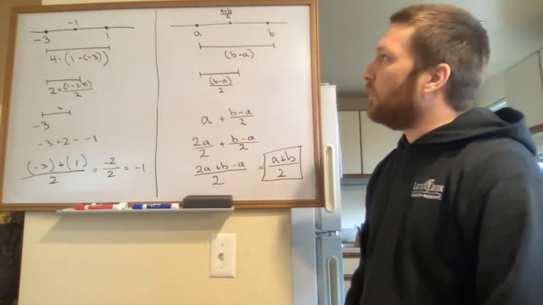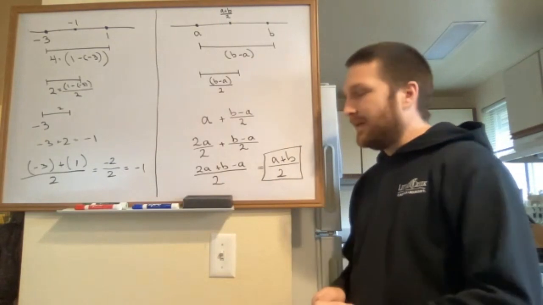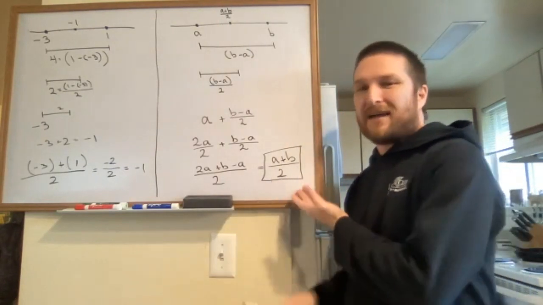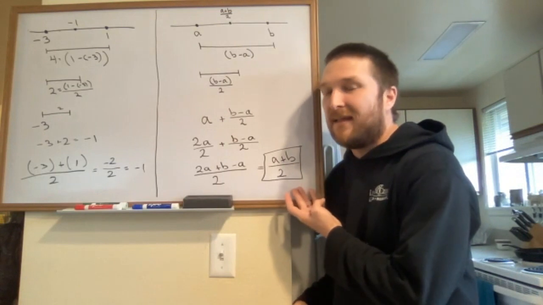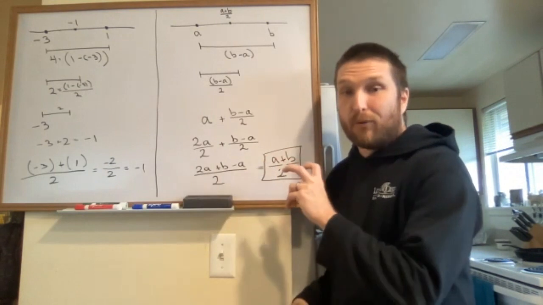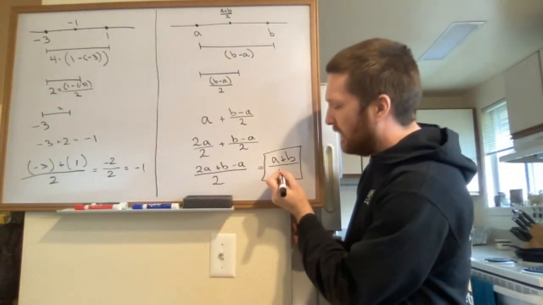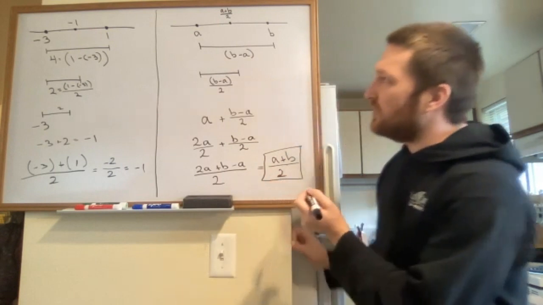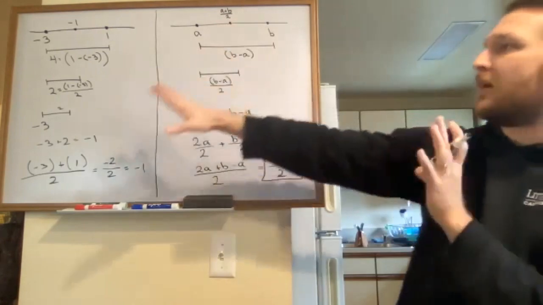And what I really want to drive home here is that you're not going to use this, by the way, this is not part of your homework or anything like that. It's that if you were to look up the midpoint formula, this is what you'd find in your book. And I just want us to notice that it's an average of two numbers and it ends up right in the middle.